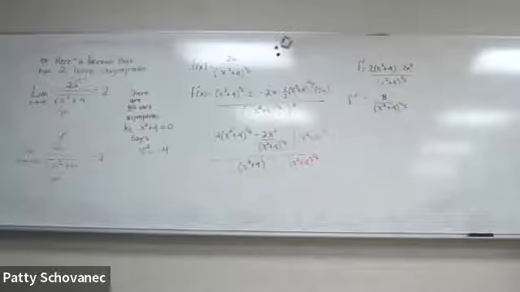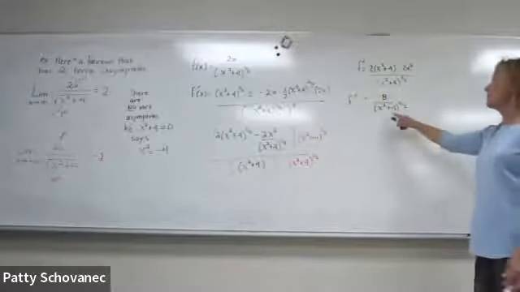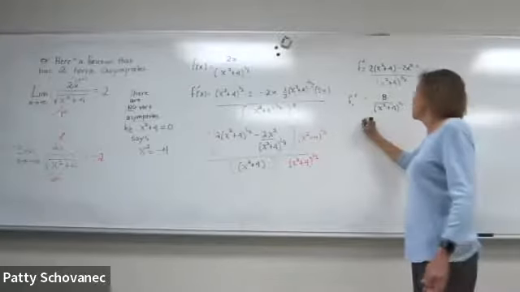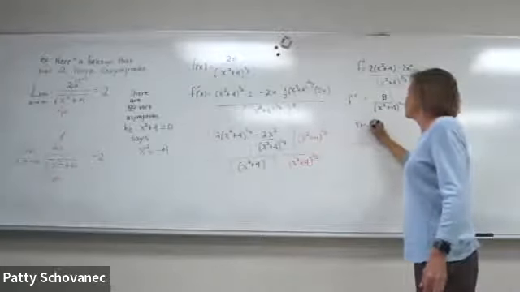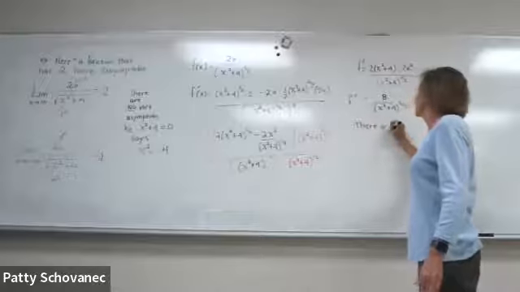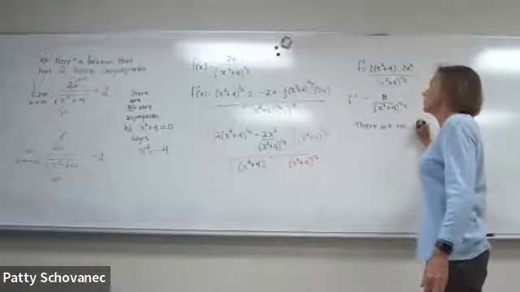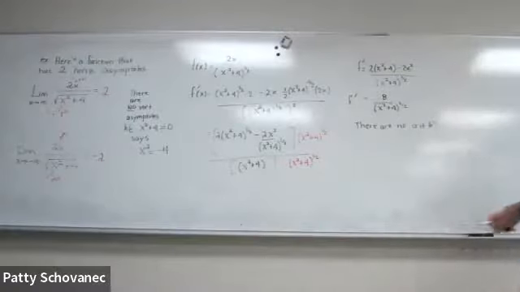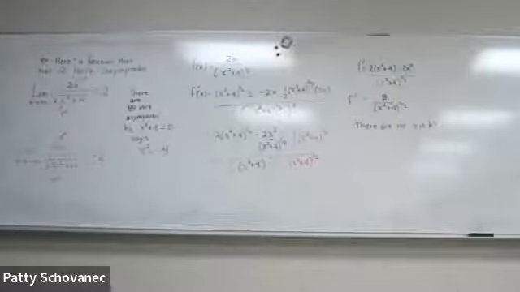There are no x's in the numerator, which means f prime is never 0. The denominator is never 0 because I've got an x squared plus 4. So there are no critical numbers. What on earth is going to happen?